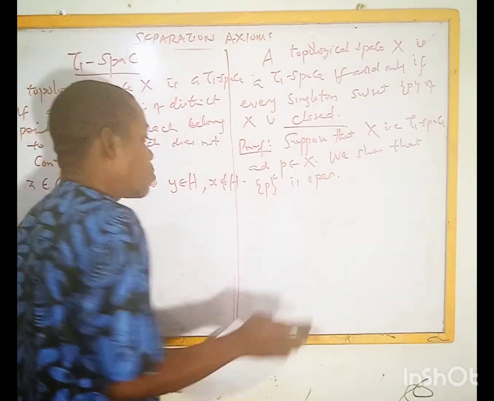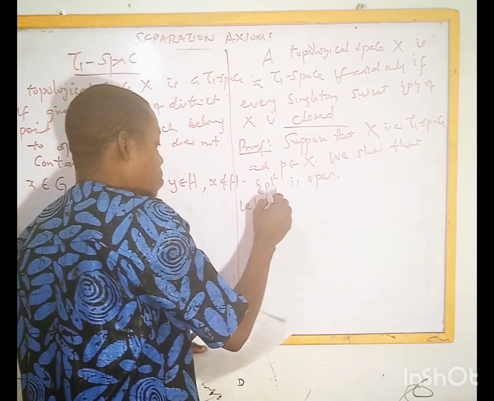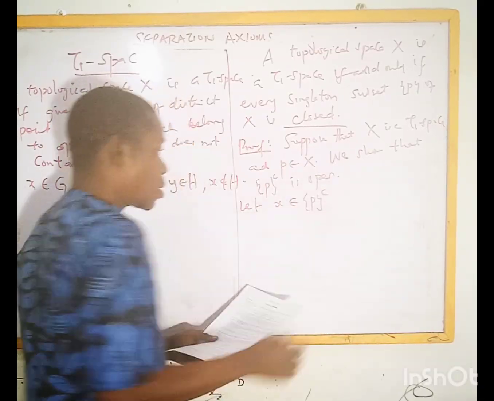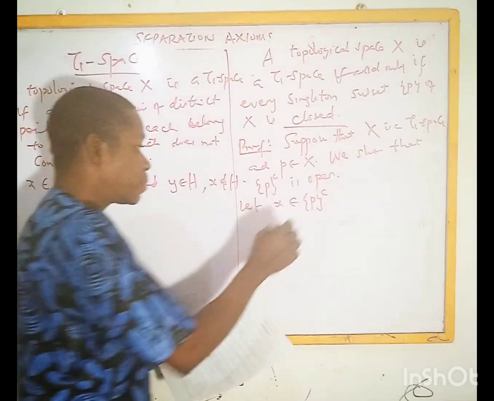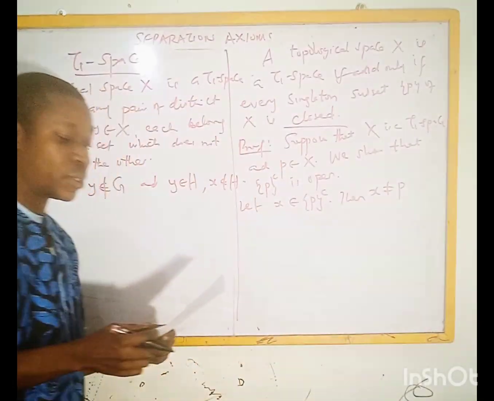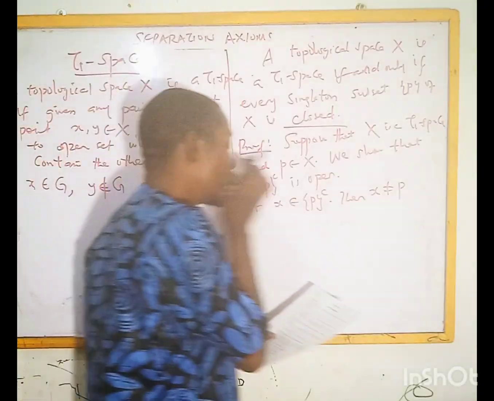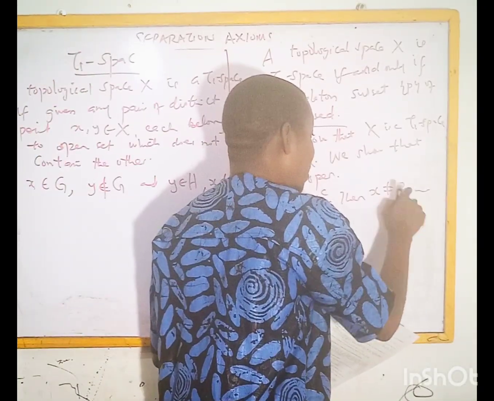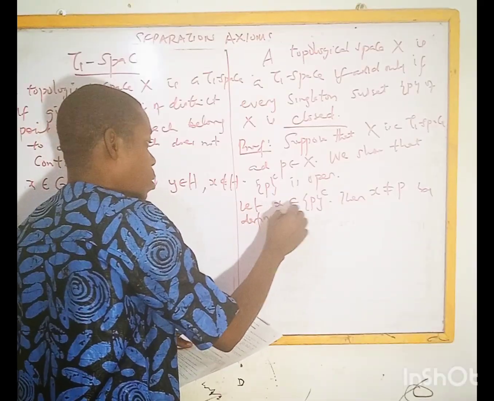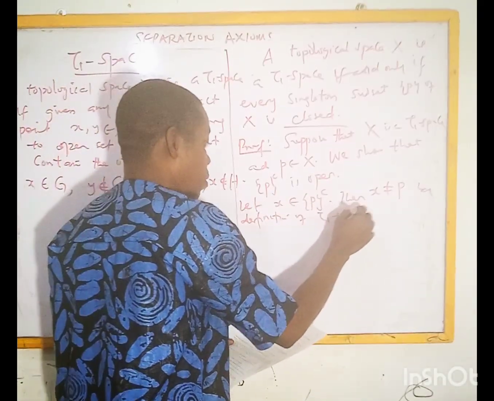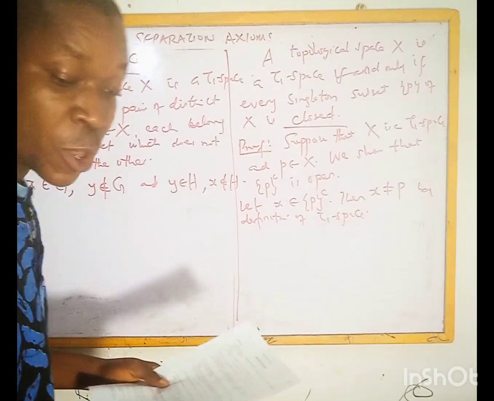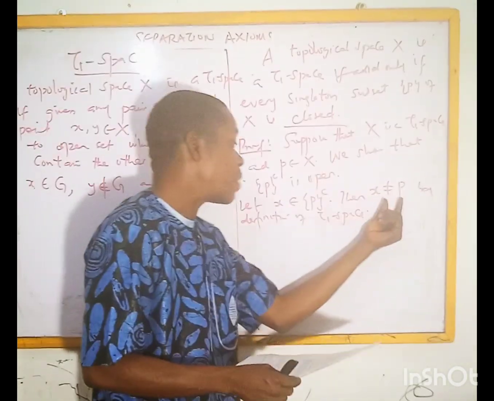So now let us assume that x is in the complement of {p}. Then x is not equal to p, by definition of tau 1 space.